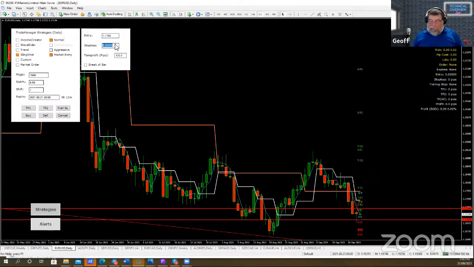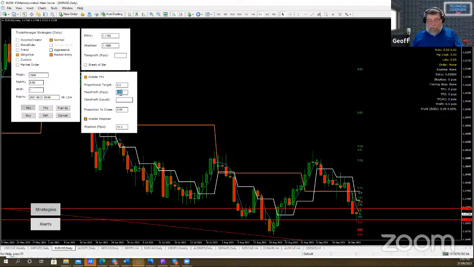We will have a stop loss at 1.1695. And we'll get rid of take profit. Take profit 1, we'll get rid of 15, and we'll make that a level, which is 1.1763. And we'll close half at that time.